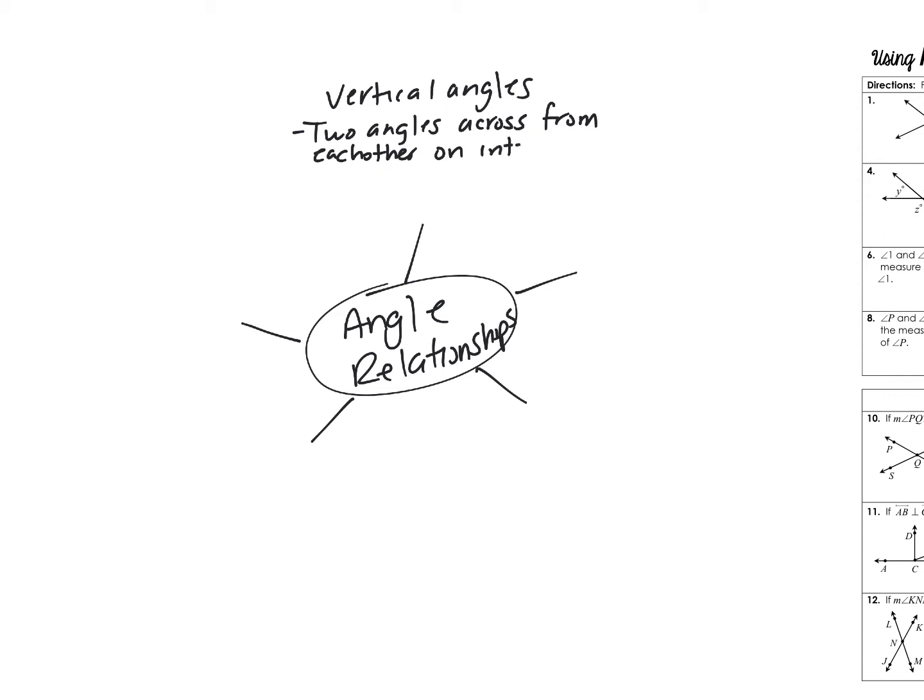And it kind of looks like this. So 1, 2, 3, 4. So vertical angles would be angle 1 and angle 2, and angle 3 and angle 4.